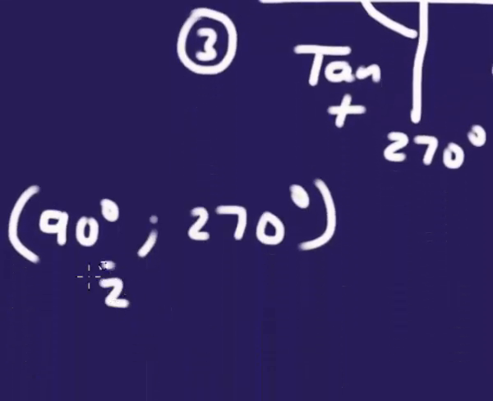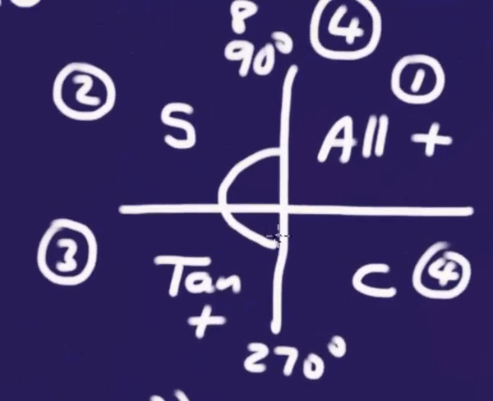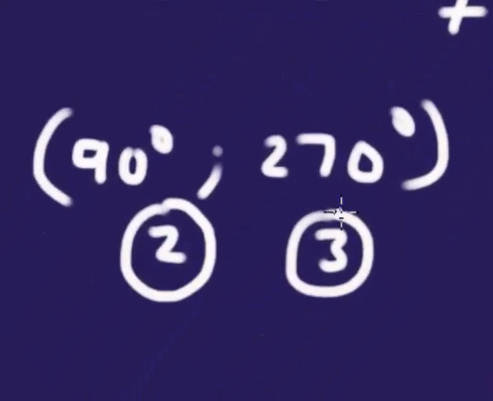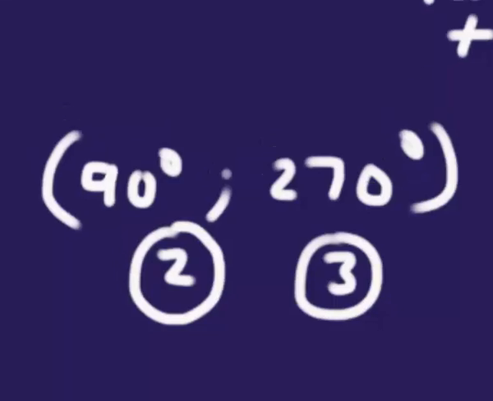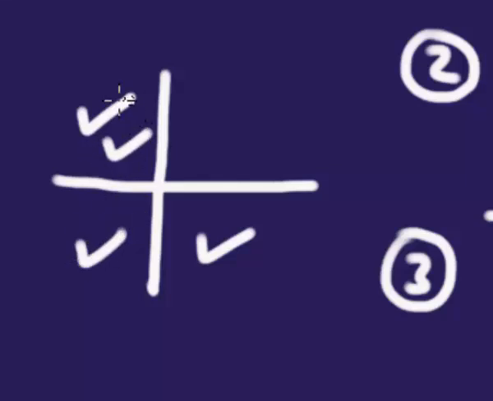Well, 2 and 3. Now watch this: tan is negative in the second and the fourth. But this restriction says you can go from 90 all the way to 270.